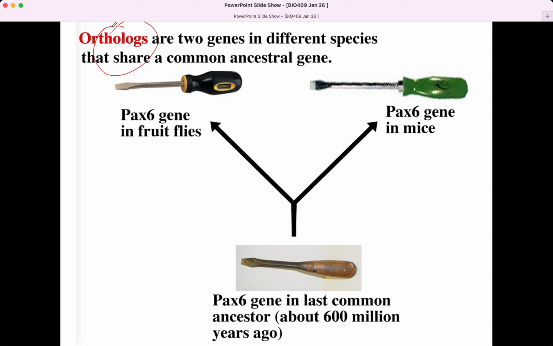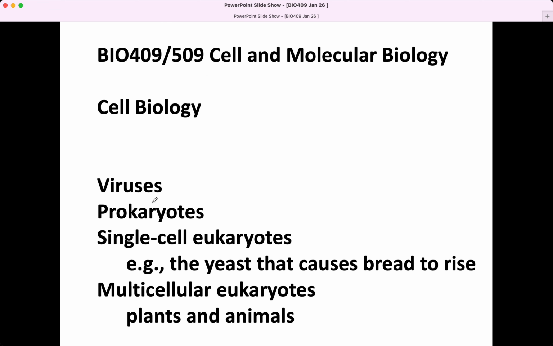And again, if you're reluctant to call them orthologs, homologs, the evidence is just astonishing for this interpretation of the pattern of what we see. Okay, and so I just made this in this first chapter, really talking about cell biology, and we're talking about, yes, viruses, which aren't cells and aren't organisms, but then we got prokaryotic cells, and then we got single-celled eukaryotes, we got multicellular eukaryotic cells.